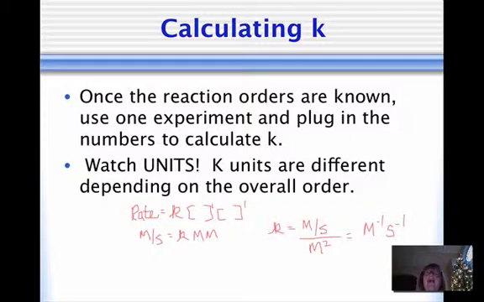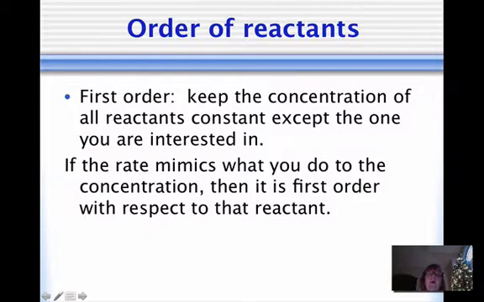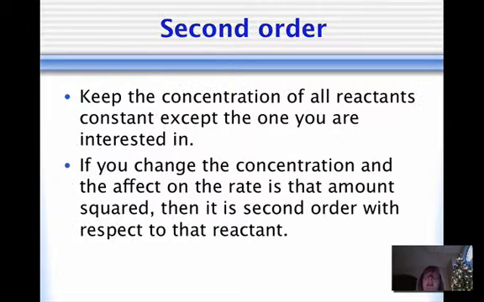Okay, so just to summarize, if you have a first order reactant, you first of all keep the concentration of all the other reactants constant except the one you're interested in. If the rate is mimicking what you're doing to the concentration, then it's first order with respect to that reactant. And that's what we saw. Second order, again, you keep all the concentrations of your other reactants constant except the one you're interested in.